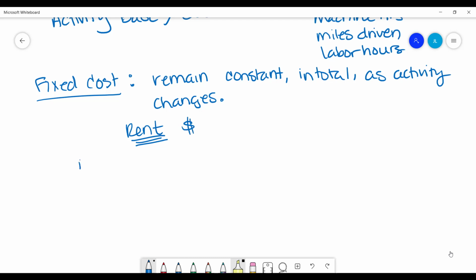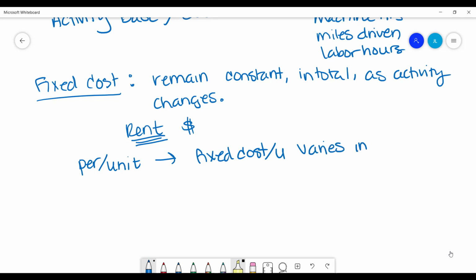But if we're talking about a fixed cost on a per unit basis, then that's a little bit different. A fixed cost per unit varies inversely as activity changes. And how is this possible?